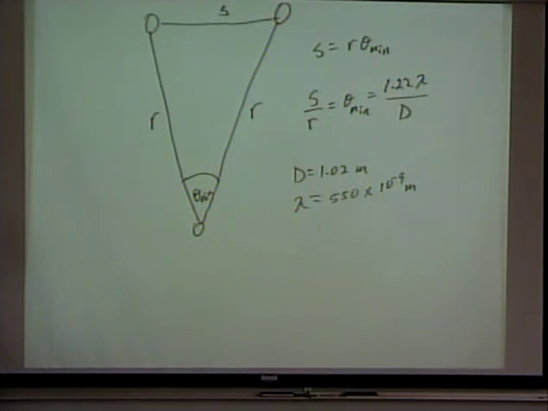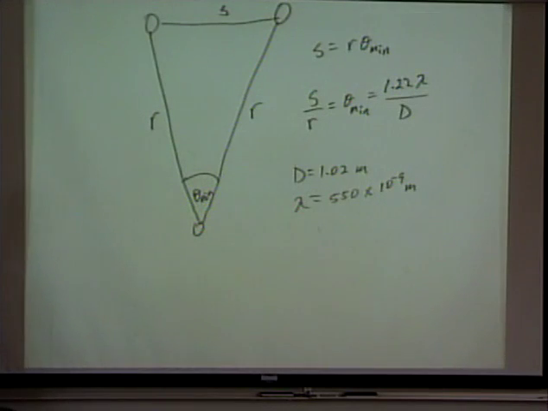Also assume that diffraction effects rather than atmospheric turbulence limit the resolving power of the telescope. And then find the maximum distance that these stars could be from Earth.